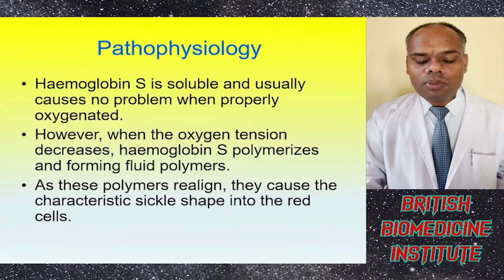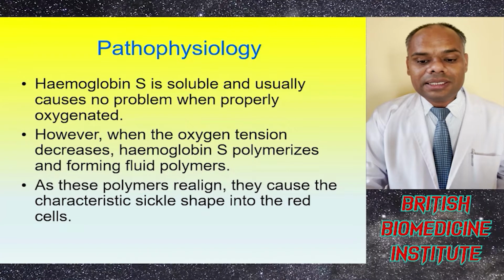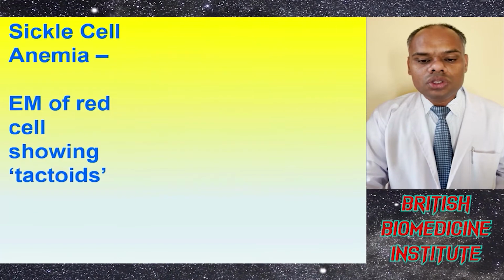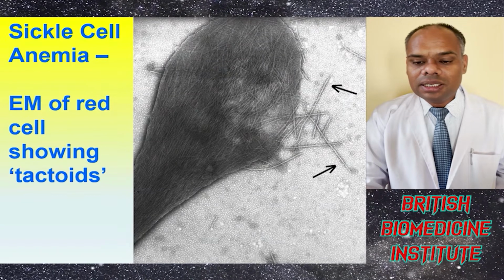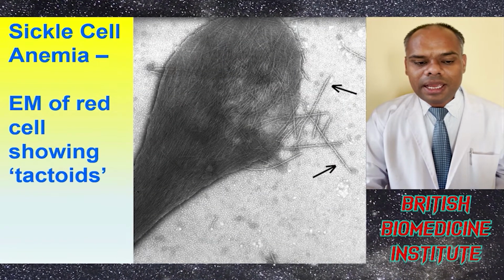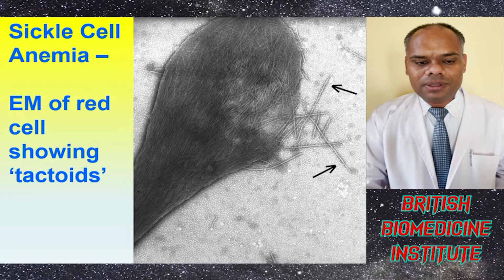As these polymers realign, they cause the characteristic sickled shape in the red blood cell. In the diagram, we can see that the fibers have become sickle shaped, and they have become tactoids.